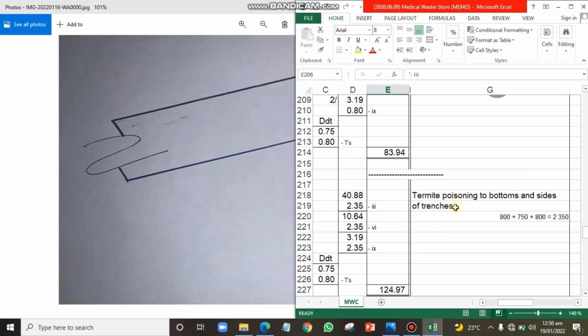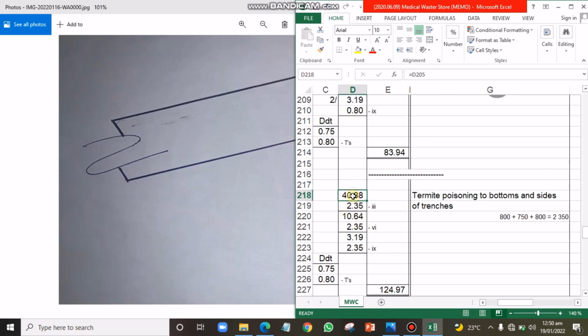So that's what you are going to do in this anti-termite poisoning. Yes, so it's 800 one side depth plus 750 the bottom plus 800 the depth of the second side, giving us 2350. So if we are booking, just like in earthwork support, we are going to do something similar here.